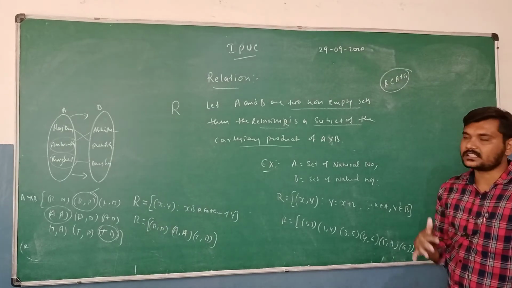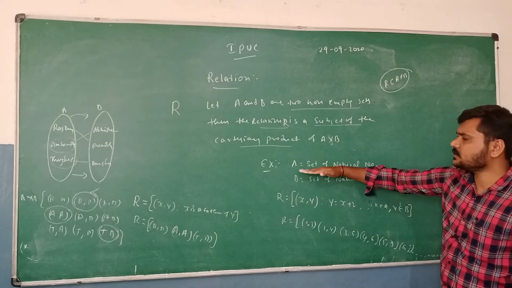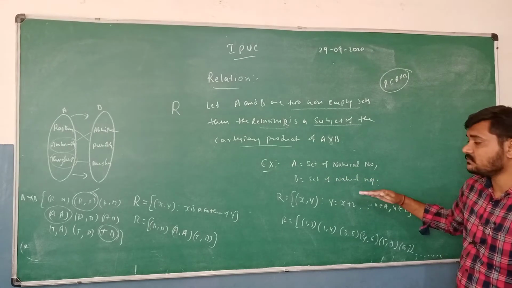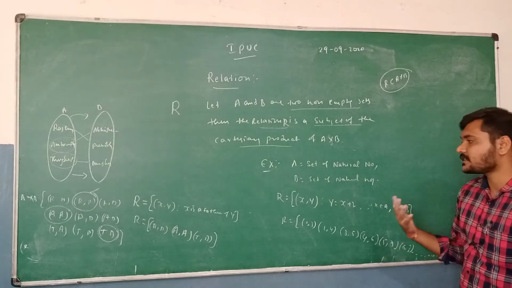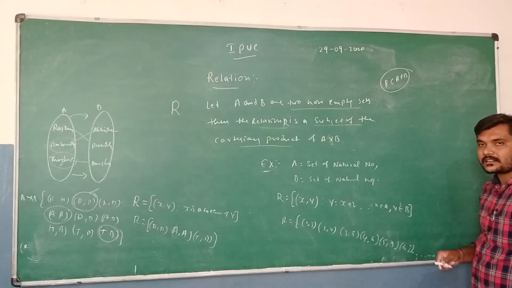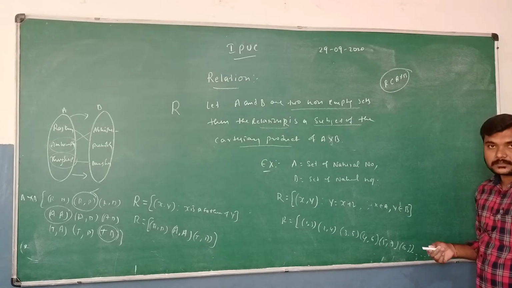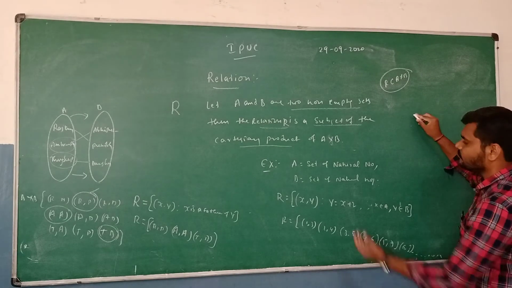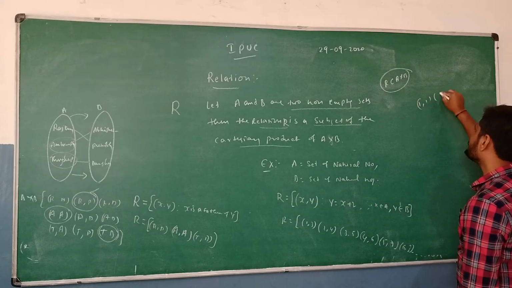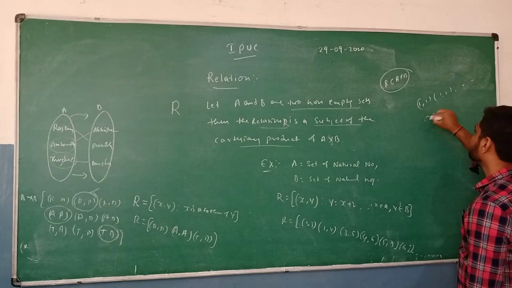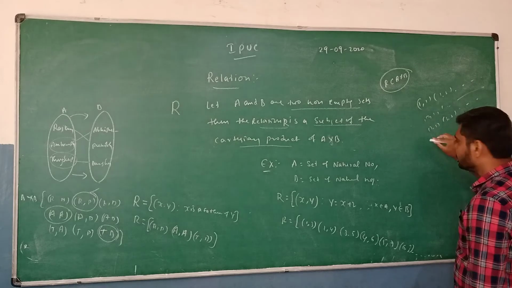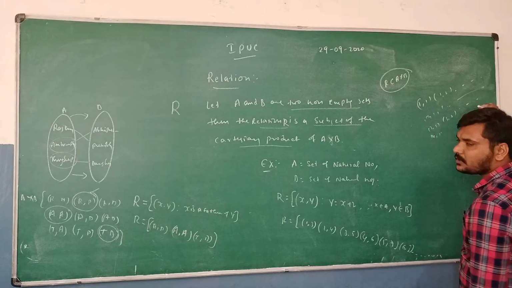So let's take an example. Let A be the set of natural numbers, then B is also the set of natural numbers, and we build a relation R in such a form that (3, 5) comes. Actually, (3, 5) is definitely an element of the Cartesian product A cross B. If you keep building the Cartesian product of the set of natural numbers with itself, you get (1, 1), (1, 2), then (2, 1), (2, 2), then (3, 1), (3, 2), (3, 3), then (4, 1), (4, 2), (4, 3), (4, 4), (4, 5).